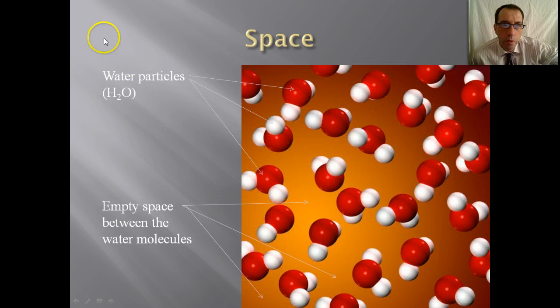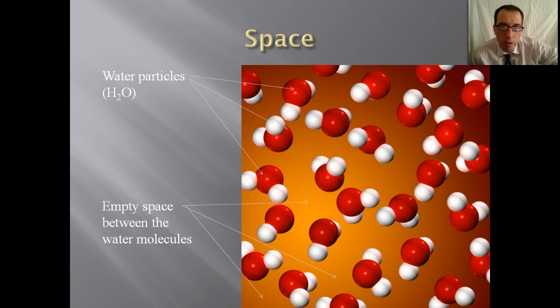All right. So here I have a blown-up shot of the picture I showed you a minute ago of the water molecules. Those red spheres with the white spheres attached to them look a little bit like Mickey Mouse or a teddy bear. That's a picture of what a water molecule might look like if we could actually see the individual water molecules that we find, for example, in a glass of water.